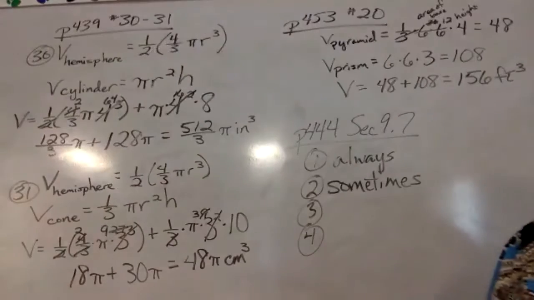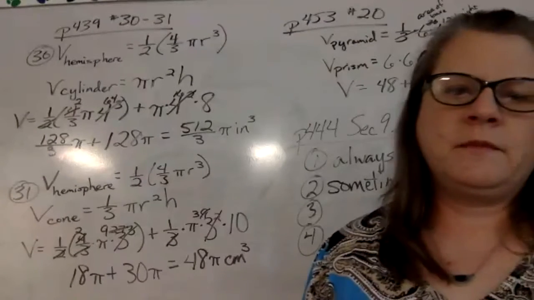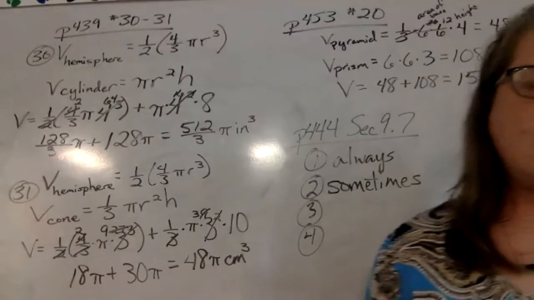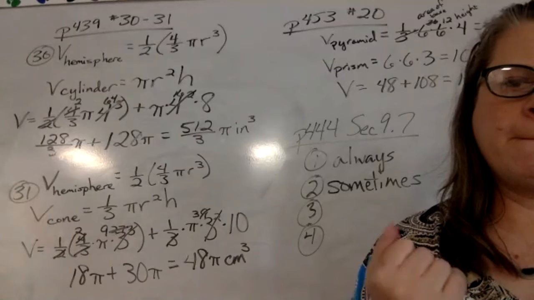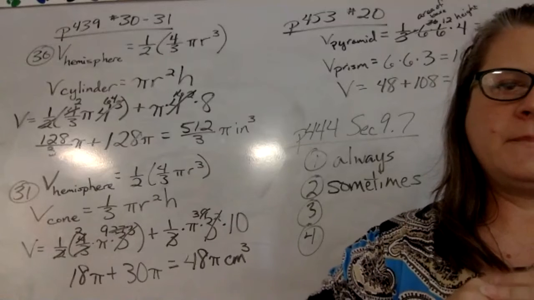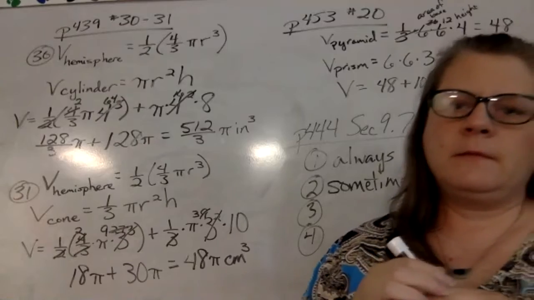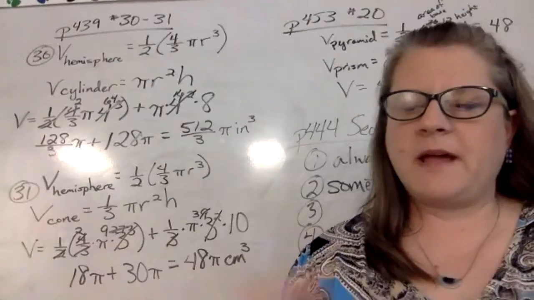Number 3, lines of latitude intersect each other. Always, sometimes, or never?